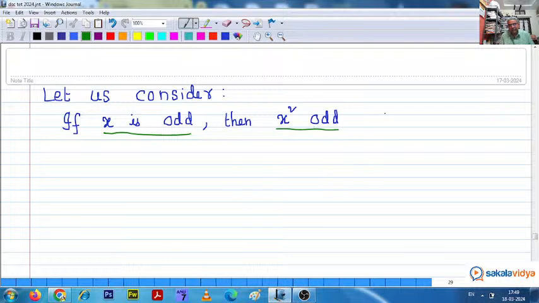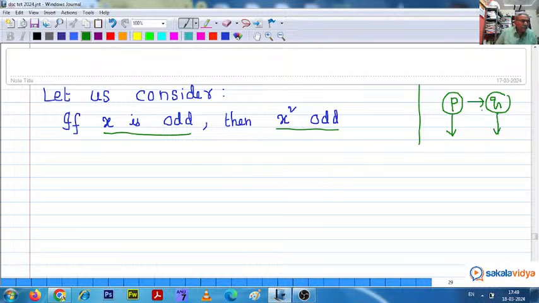So if x is odd is statement P, and x square is odd is Q, this is P implies Q. P is called the hypothesis, Q is called the conclusion. We need to consider this hypothesis and come to the conclusion.